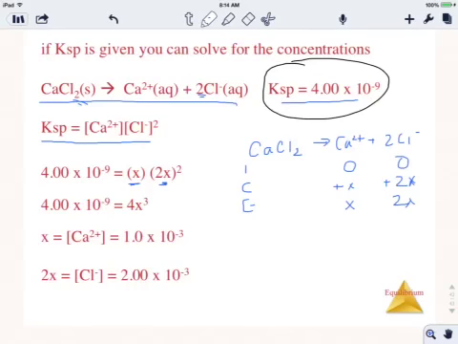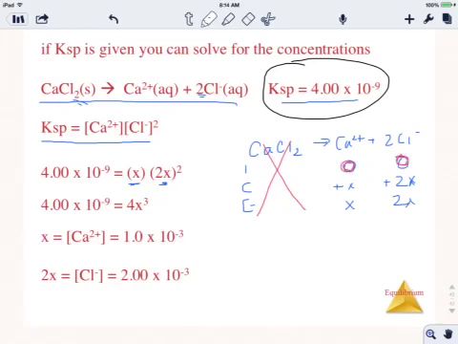Here's an example of that ice equation that I was just talking about. Again, since calcium chloride's a solid, we're not interested in it. It's not included in our solubility product constant. With our products that are formed, initially they both start out with 0 as our concentration.